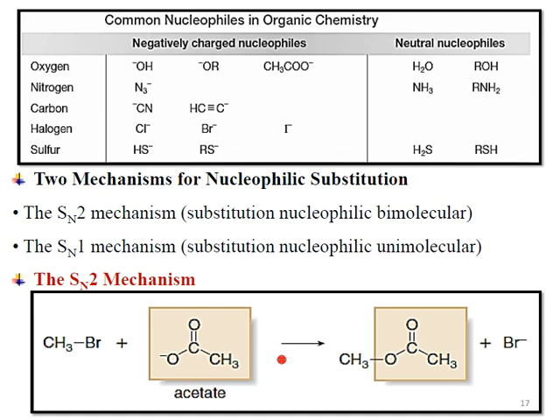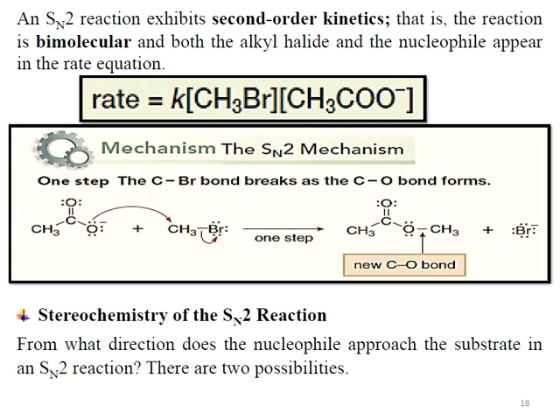We can control our reaction by controlling the concentration of both the alkyl halide and the nucleophile. Here we have the rate of reaction equal to the rate constant times the concentration of the alkyl halide times the concentration of the nucleophile.